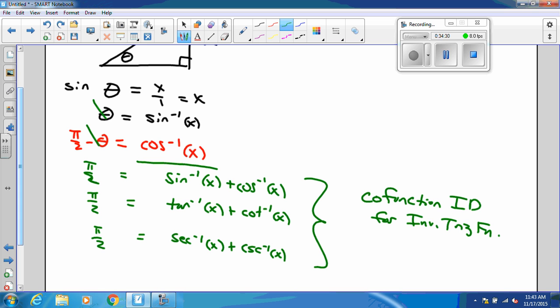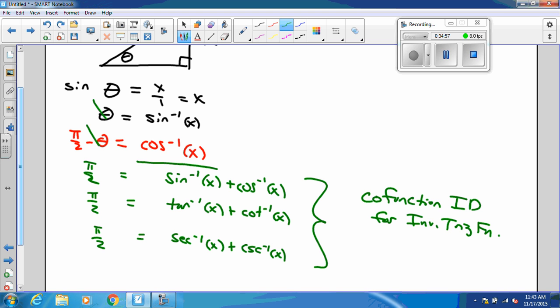So eventually, if we want to find inverse cosine, we just do pi over 2 minus inverse sine x. That's right. You can just subtract it from pi over 2 to get the inverse cosine of x. That's exactly right. And what that's saying is that the two angles in a right triangle are complementary to each other.